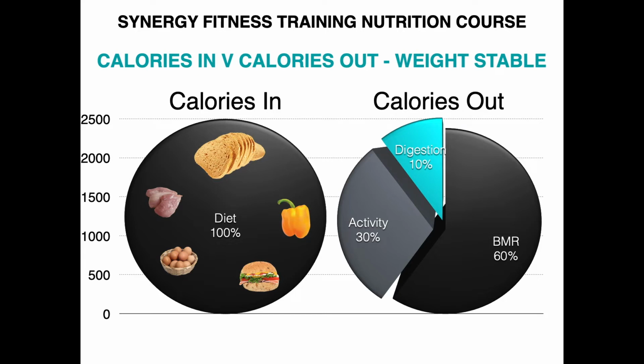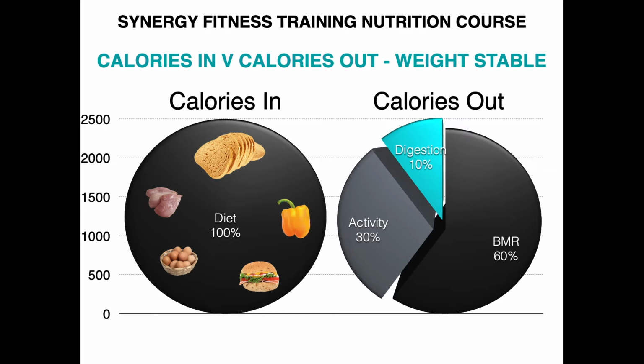Because your body still needs to use calories for biological processes within the body, such as your heart beating, breathing, your organs working to remove waste products, etc. And that's all a very energy demanding set of processes, hence why about 60% of your daily calories being used are for those processes alone.